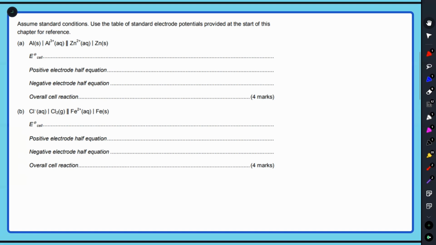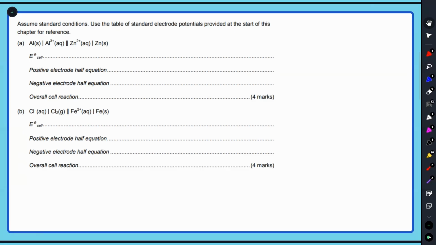But I am just going to Google these values because I completely forgot to get the data booklet. I would advise you though, remember in your examinations to ask for your data booklets because the electrode potential values are given there.